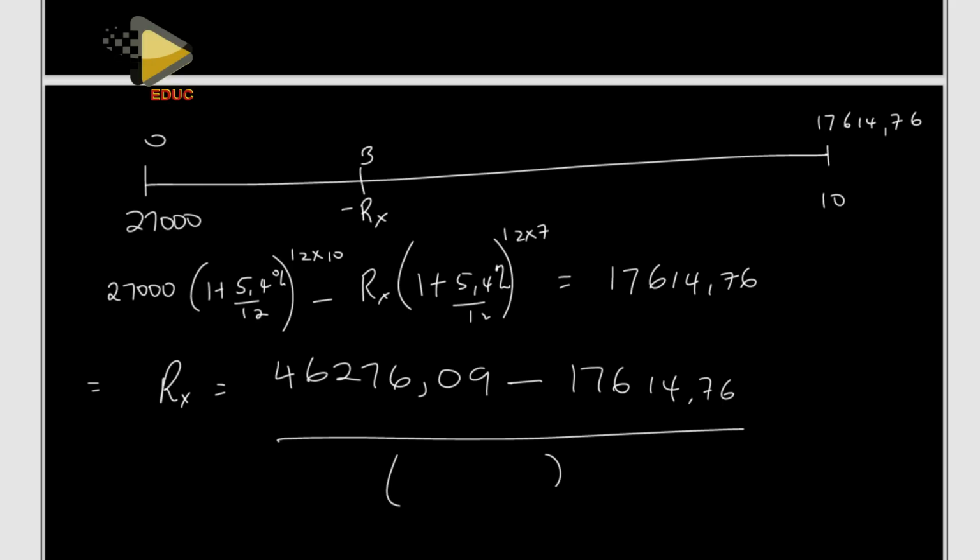Okay, so this is giving me 1.4581. So if I do the subtraction on the computation, 46276.09 minus 17614.76, I'm dividing it by 1.4581. I'm getting 19656.63.